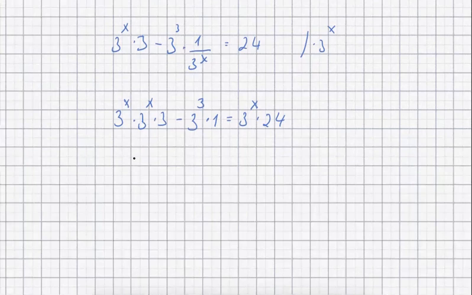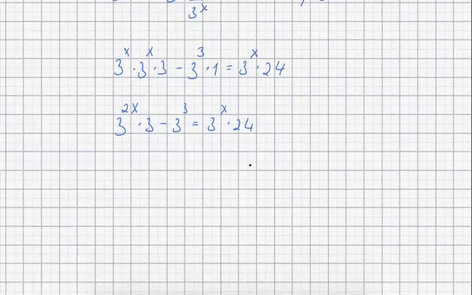So it's 3 to the 2x, times 3 minus 3 by the power of 3 equals the same thing. Okay?